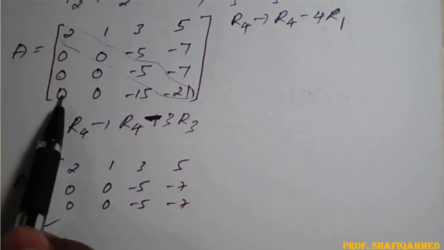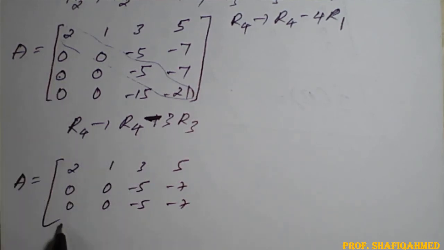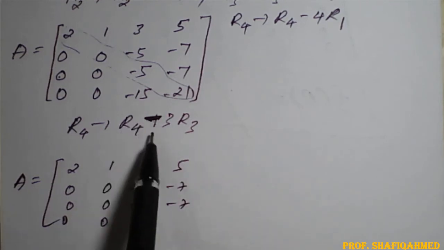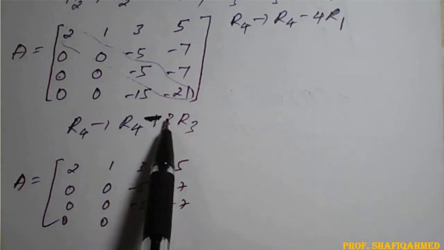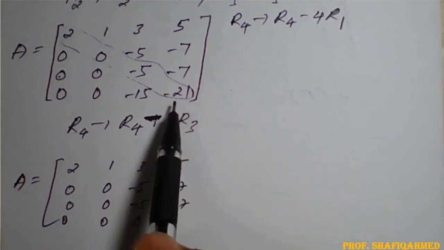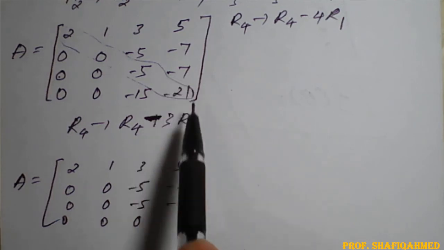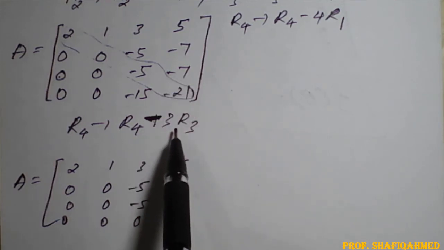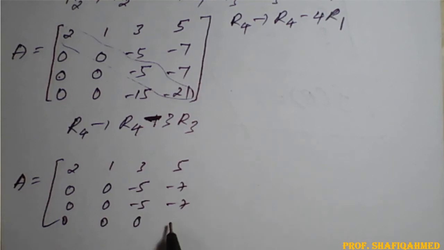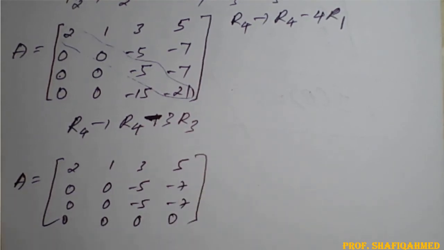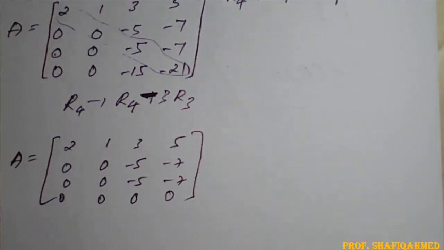So this R4 0 0, so here also will become 0. So minus 15, here you write minus 15, then minus of minus plus, 5 3s are 15, so it will become 0. Then minus 21, minus of minus plus, 7 3s are 21, so it will become also 0 again.